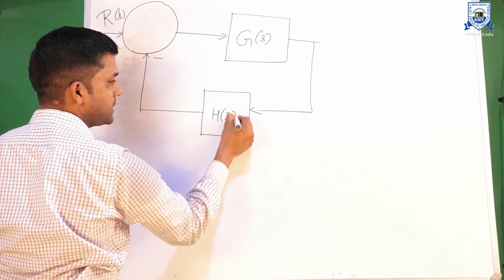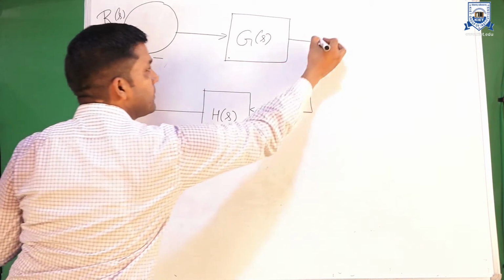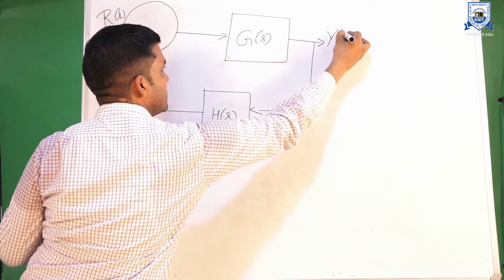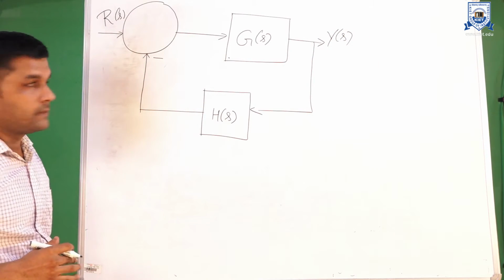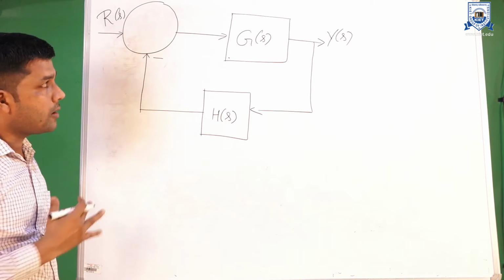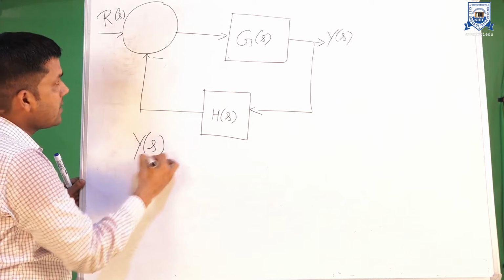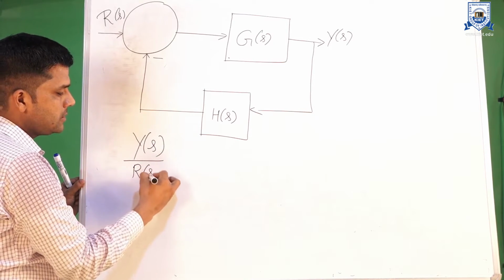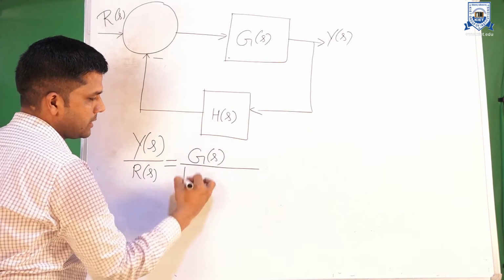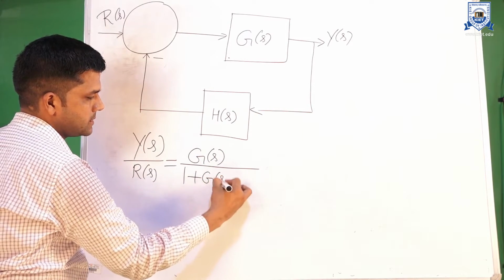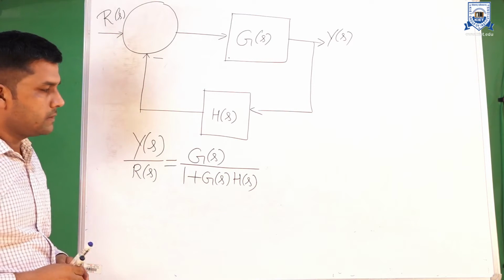H(s) is the transfer function of the feedback and G(s) is the transfer function of the forward path, and this is the output. We have seen in control system 1, in the analog control system, how to obtain the transfer function. Y(s) upon R(s) is equal to G(s) upon 1 plus G(s)H(s). We have learned this in control system 1.